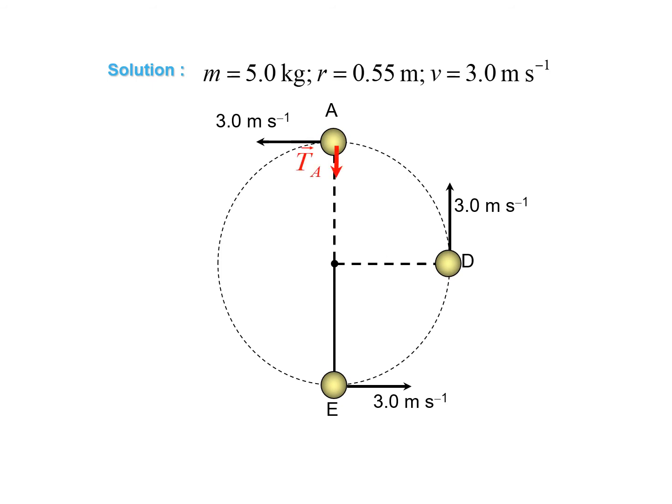At point A, tension acts downward. The object has mass, so it has weight, also acting downward. At point D, the tension acts toward the center of the circle and the weight acts downward. At point E, the tension acts toward the center, upward, and the weight acts downward.